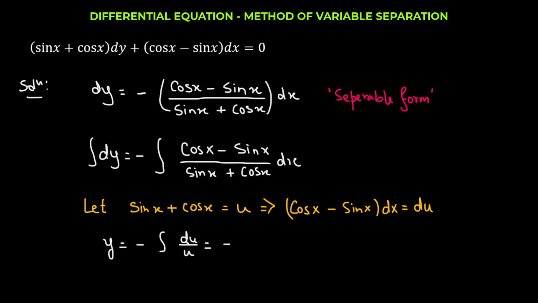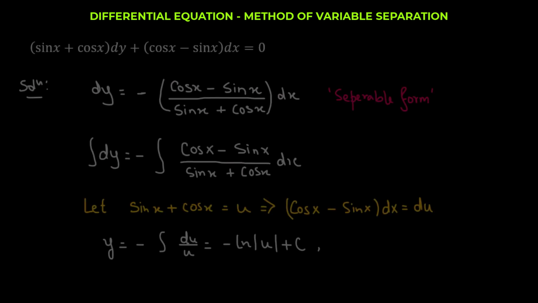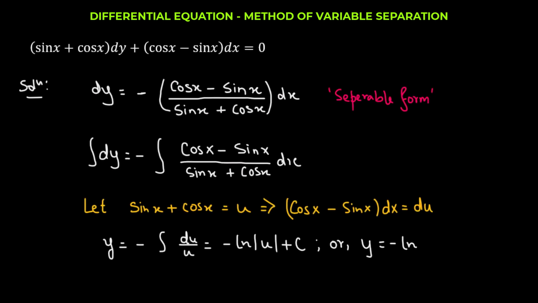And we know that integration of du over u will be natural log of u. So we get negative natural log of u plus c, or simply y equals negative of log of sine x plus cosine x plus the constant of integration c.